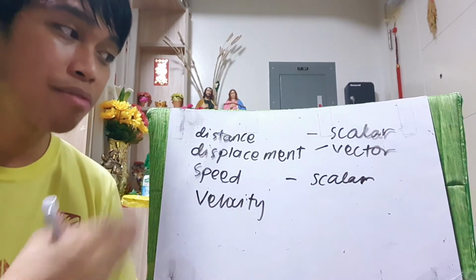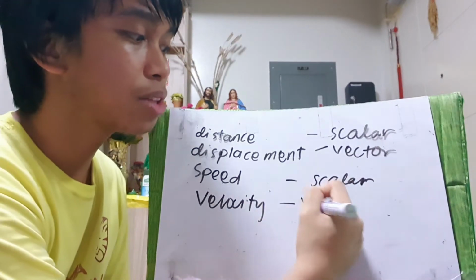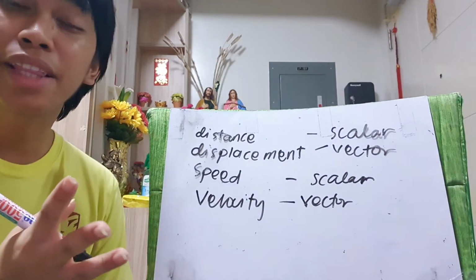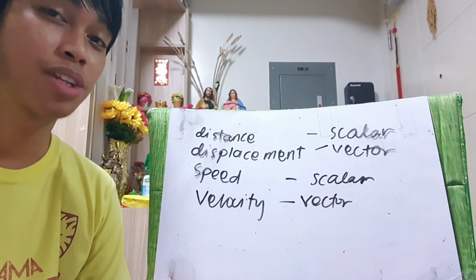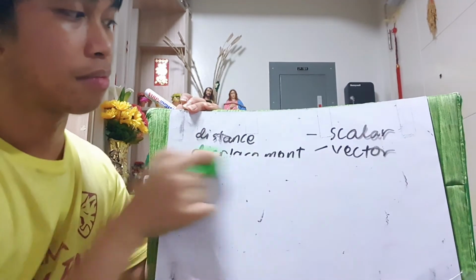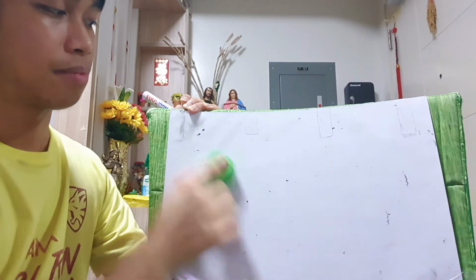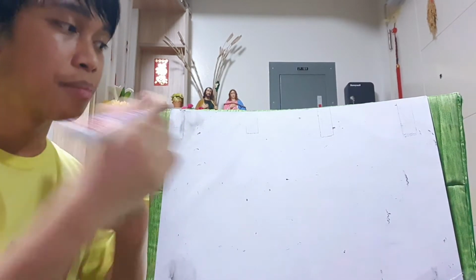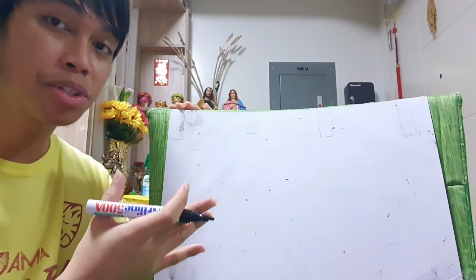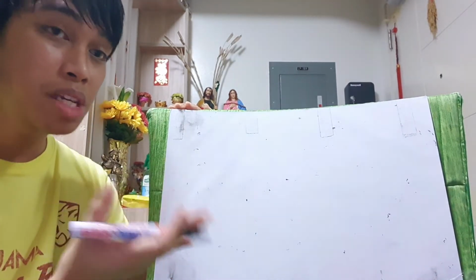While velocity is a vector quantity, same as speed, but it includes direction. So you understand what those terms mean.